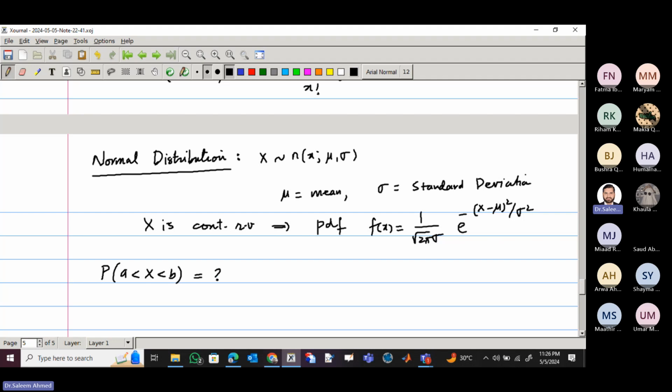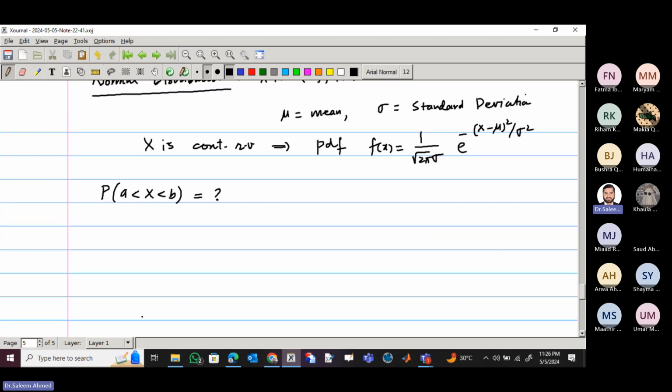So if you have to answer any probability question for a normal distribution, we define a random variable, which is Z. If X has a normal distribution with mean mu and standard deviation sigma, then this Z variable has a standard normal distribution, meaning its mean is always 0 and standard deviation is always 1.